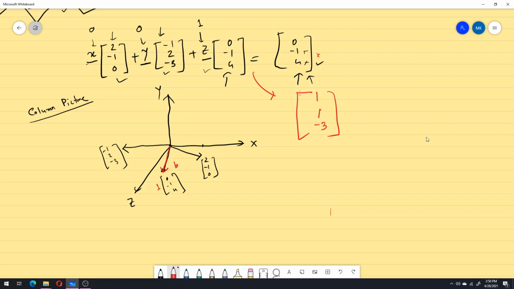I've removed the previous one because I want to take a special right hand side. The solution here is, if you take one of the first vector, one of the second vector and none of the third vector, then if you simply add these two vectors, you will get this one.